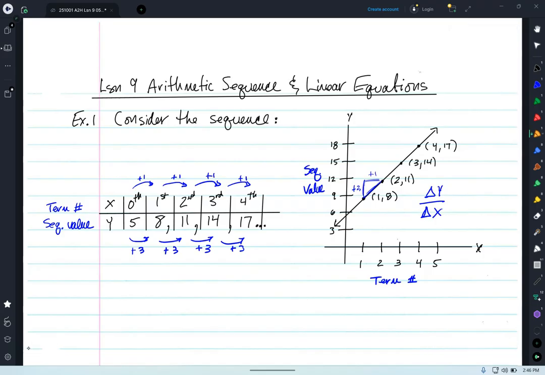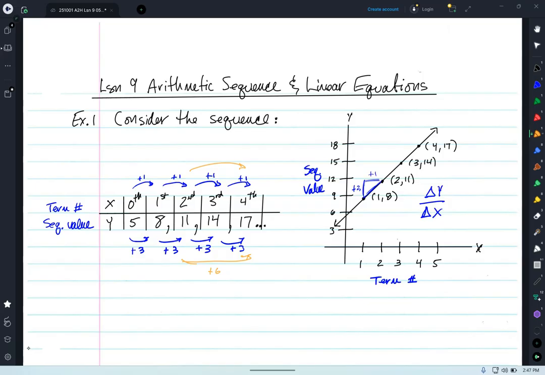Okay, I got a question for you. What if I started at the second term and I jumped right to the 4th term, like second to 4th? How much change in the sequence value is there? Plus 6. So if I went from the second term to the 4th term here, what would be the change in values?